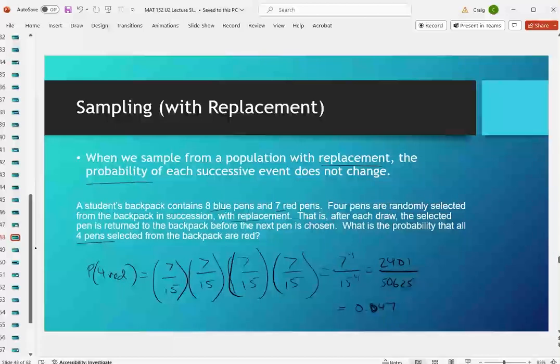So there's about a 4.7% chance that if you put the red pen back every time, you're going to choose 4 pens that are red. Notice that at each choice, the previous choice doesn't matter. That's what happens when we replace something in a sample.